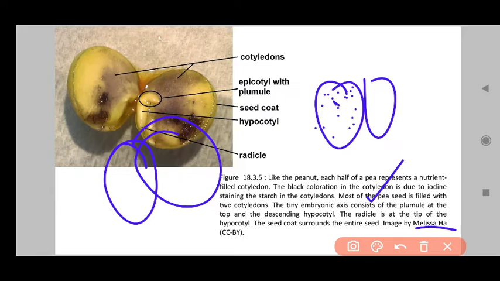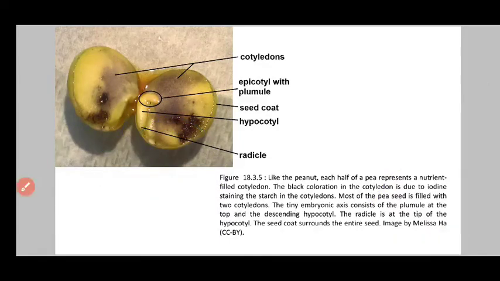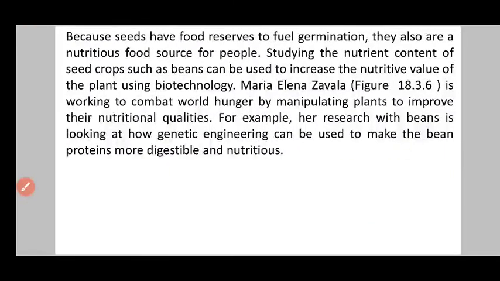and both the cotyledon and hypocotyl act as your nutritive source for our edible source, and the seed coat also surrounds the seed, providing your protection from the outer environment.